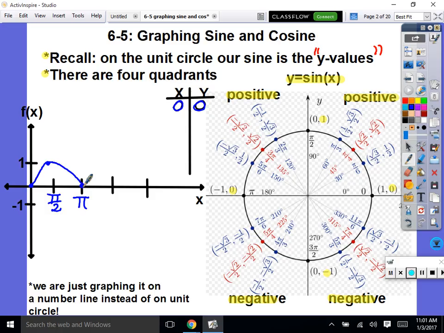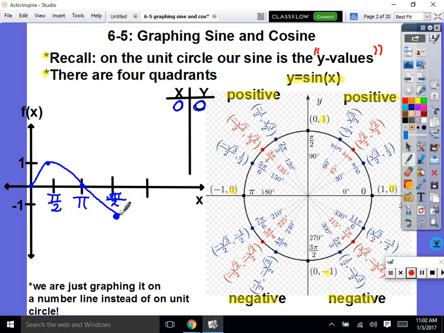They're all negative. So now we're going into the negative y direction, going down into the negative till at 3 pi halves we're at -1.